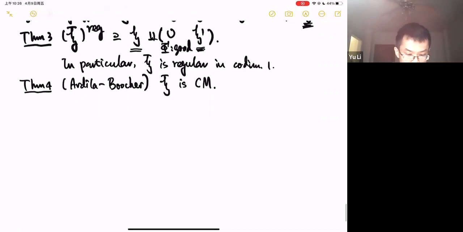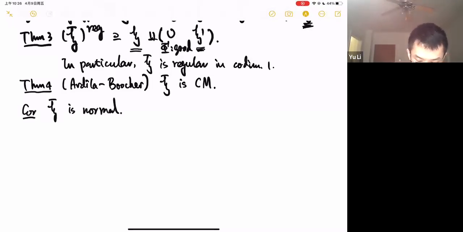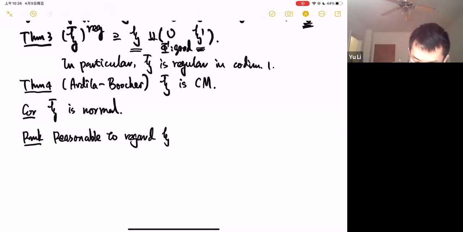So as a corollary of theorem 3 and theorem 4, H bar is normal because it's R1 and S2. Now I'll remark what I said above. So now it is reasonable to regard H bar as an additive toric variety.